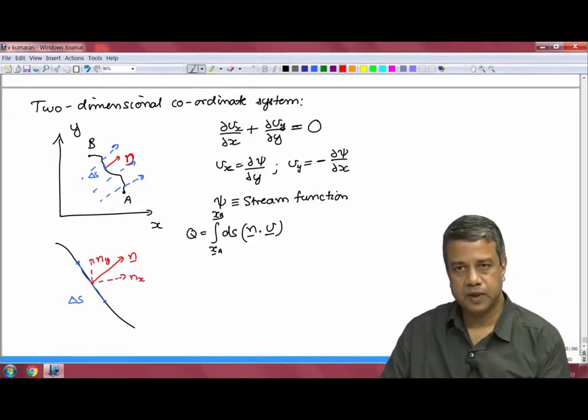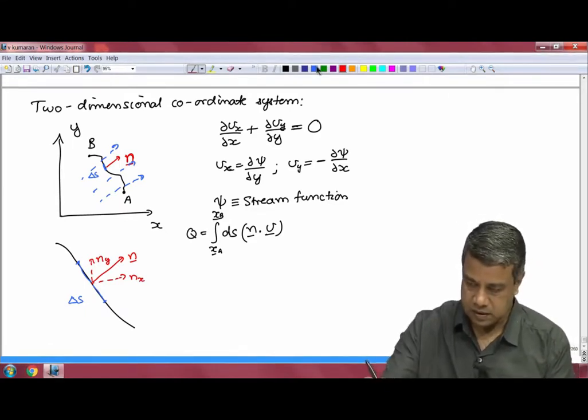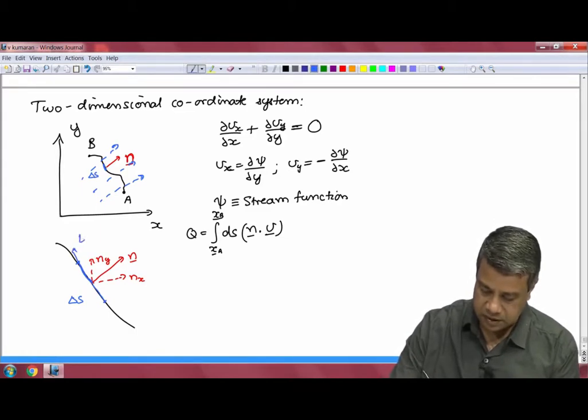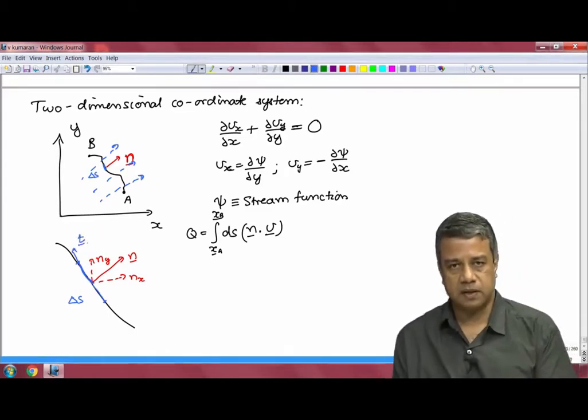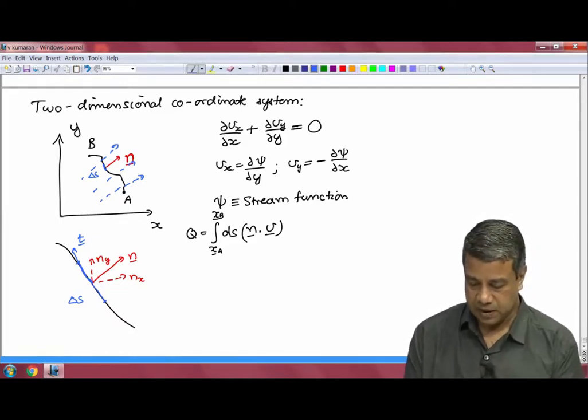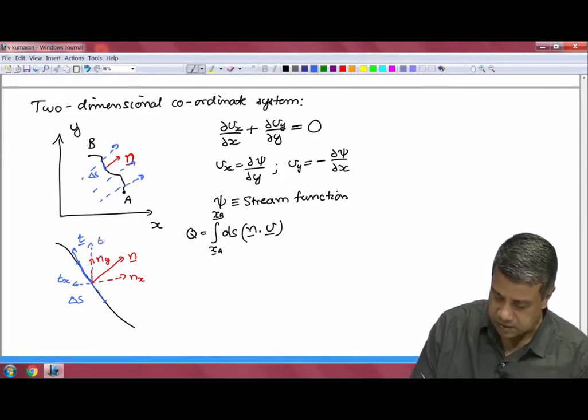The vector parallel to this contour is the unit tangent t, and that will have components, in this case t x and a component in this direction t y.